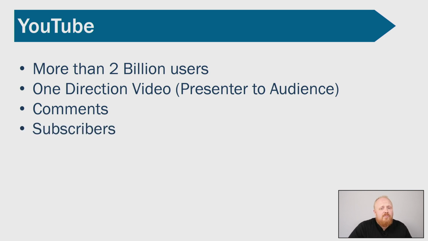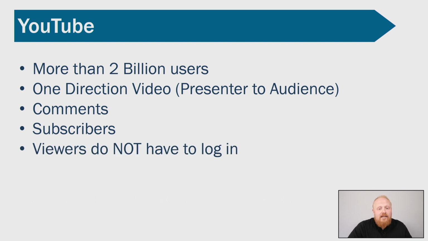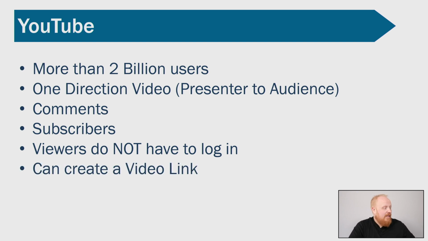Also similar to Facebook, people can subscribe to your channel and they'll be notified when you're going live. But a key difference is that viewers don't have to have an account to view your live video. They just need a video link.